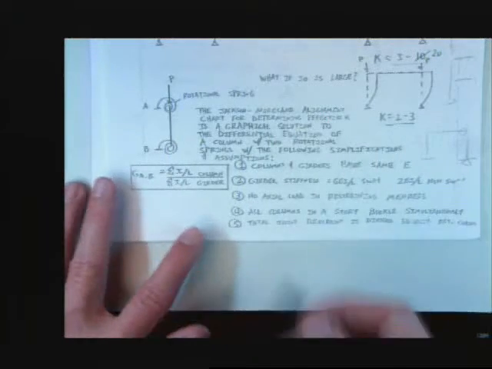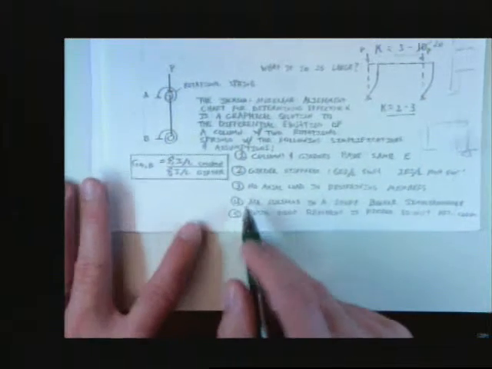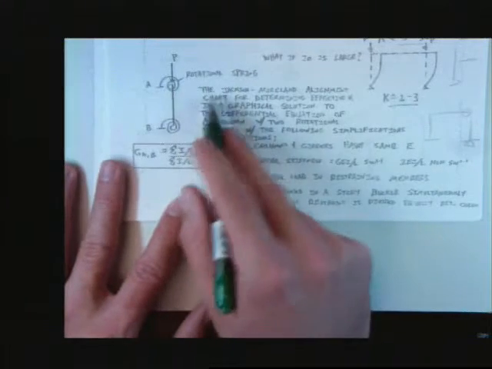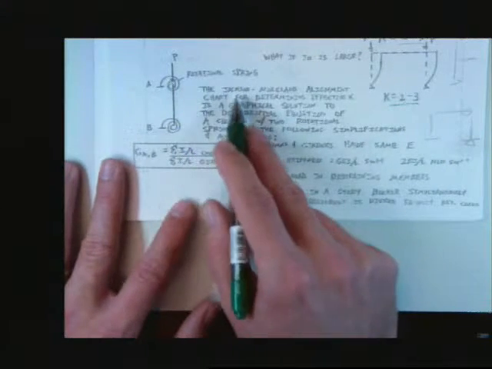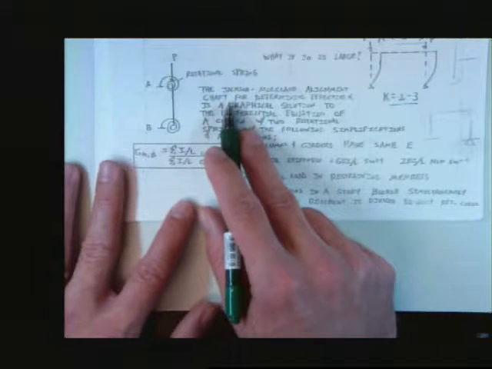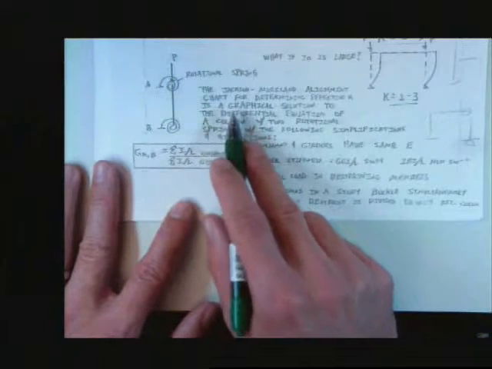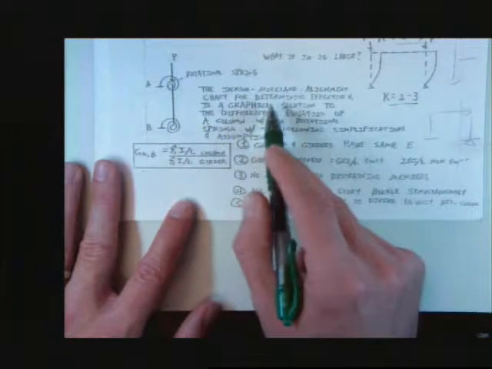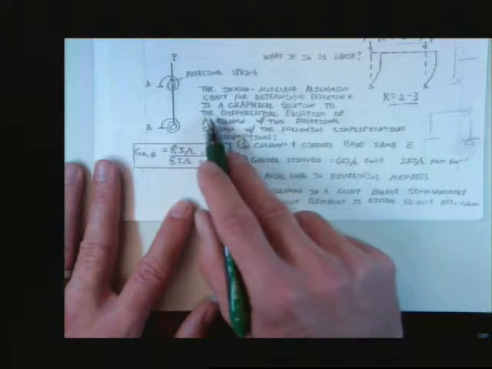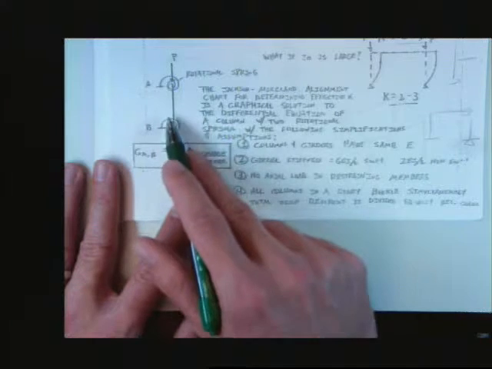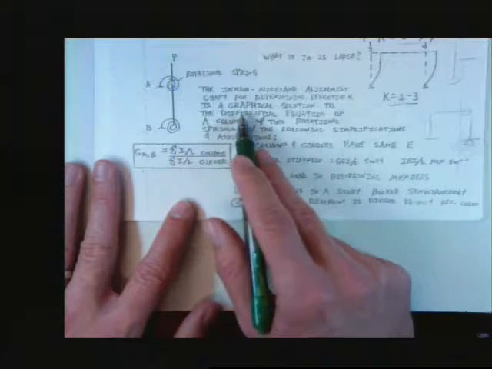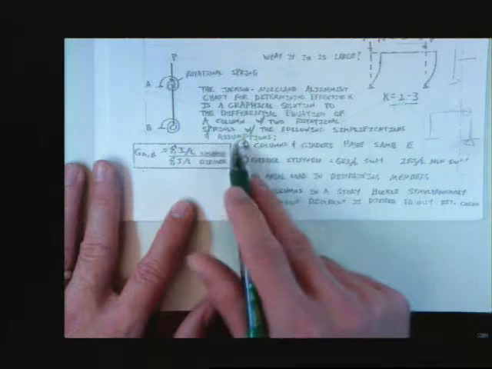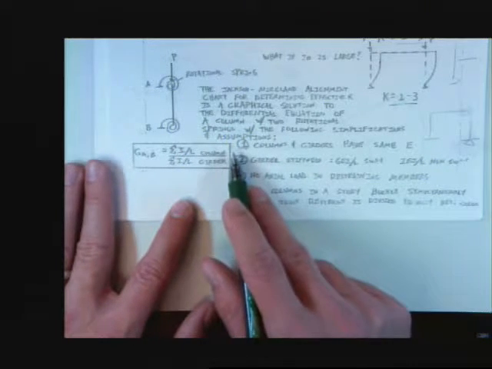Now to simplify it, they made the following assumptions. The Jackson Moreland alignment chart, from two guys from Boston in about the 1920s, gives this ability to determine the effective K from a situation like this, from a graphical solution to the differential equations of a column with two rotational springs, with the following assumptions.